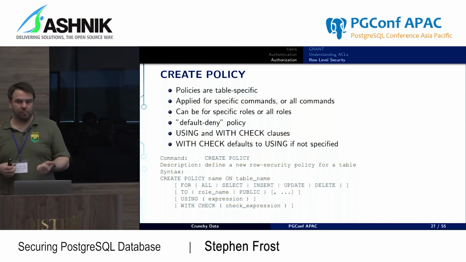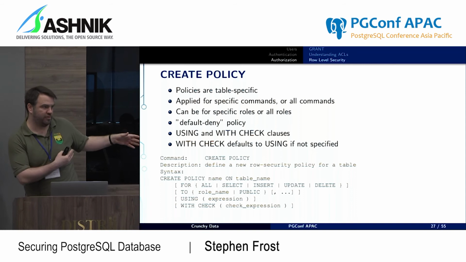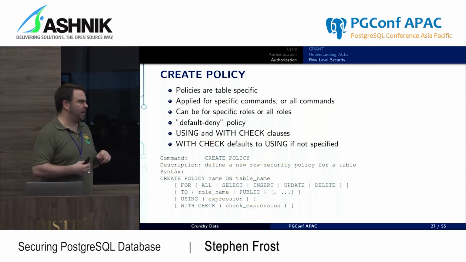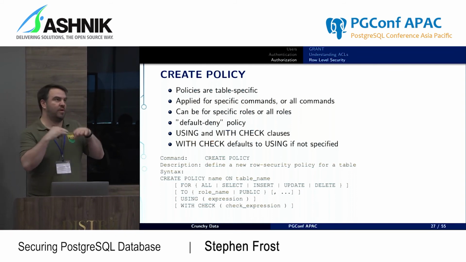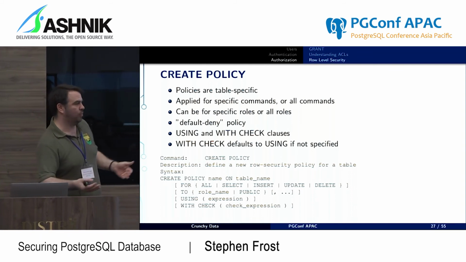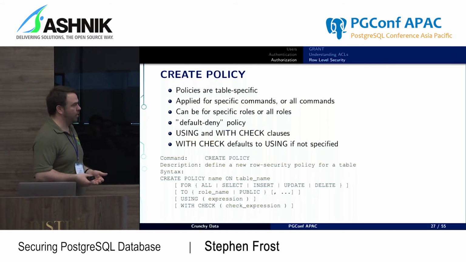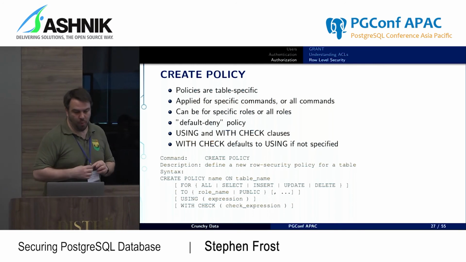You have a USING expression. That tells you what rows are going to be visible through this policy. And you have a WITH CHECK expression that says what are the valid values of rows that can go back into the table after an insert or an update. So that's a really important key thing.